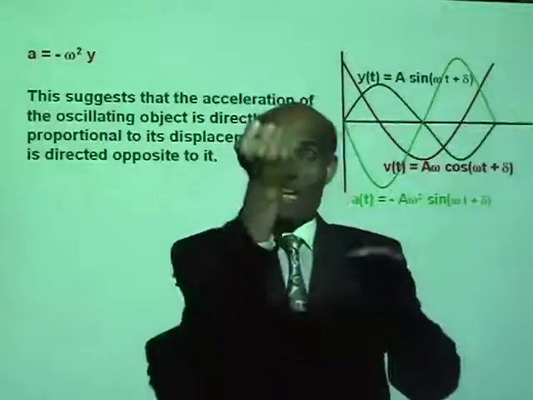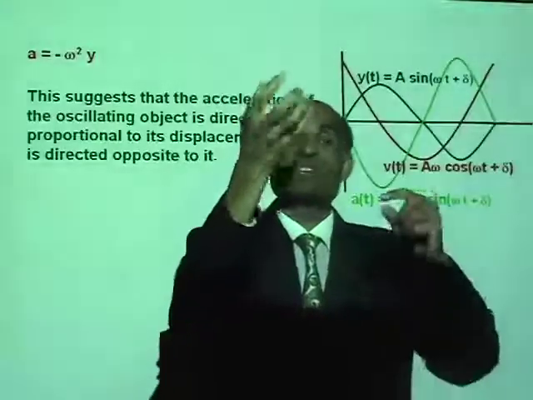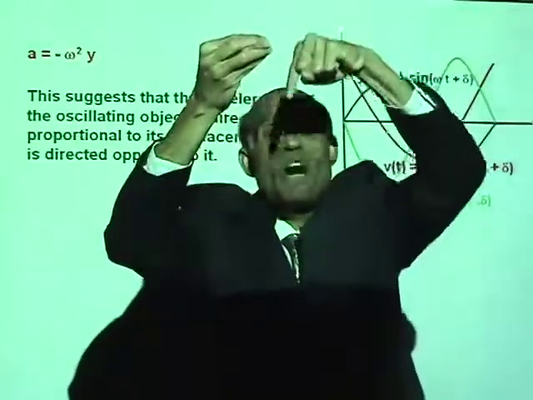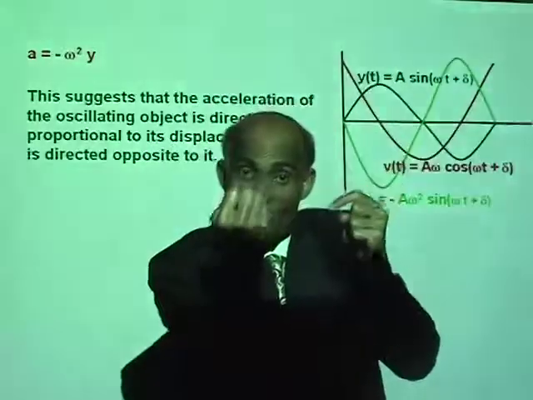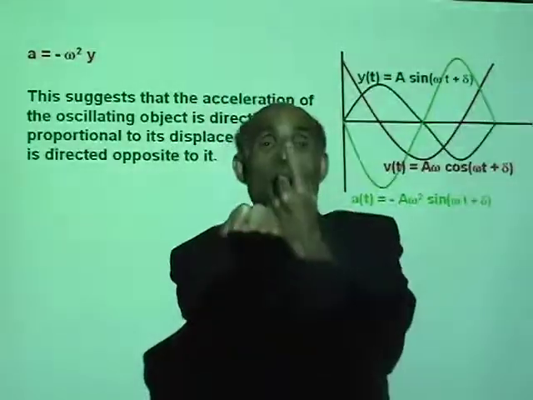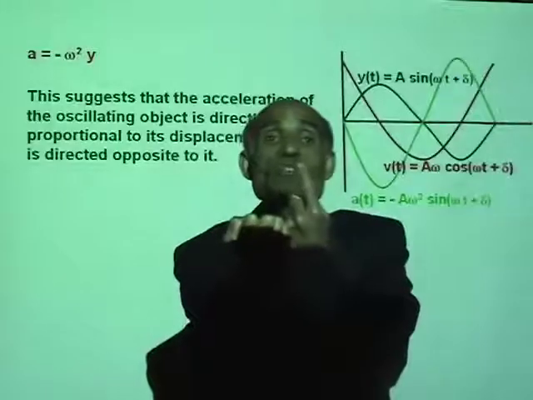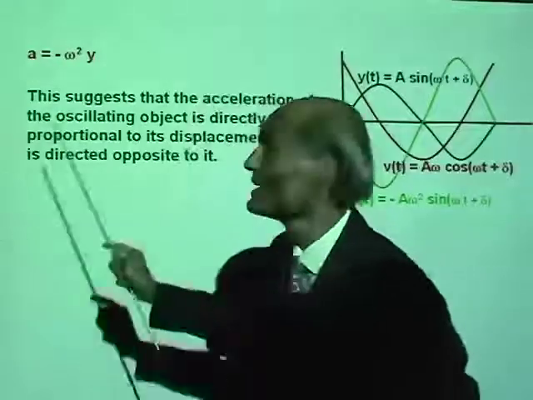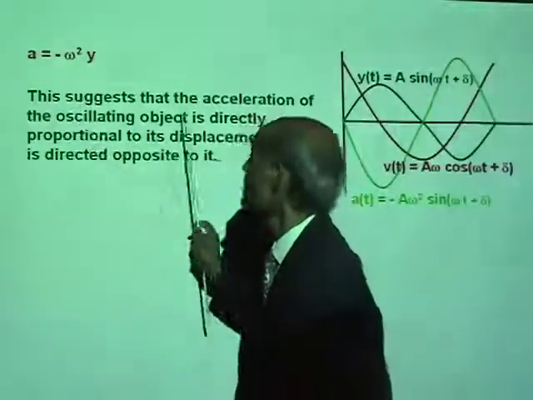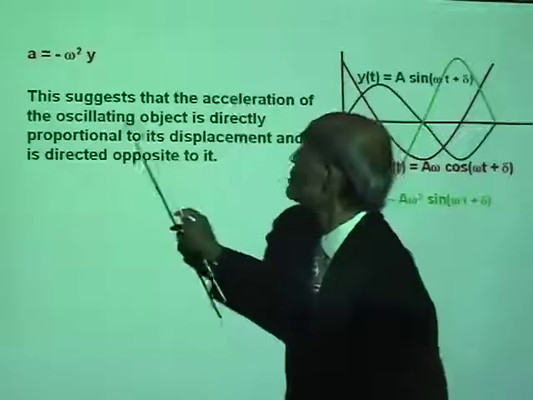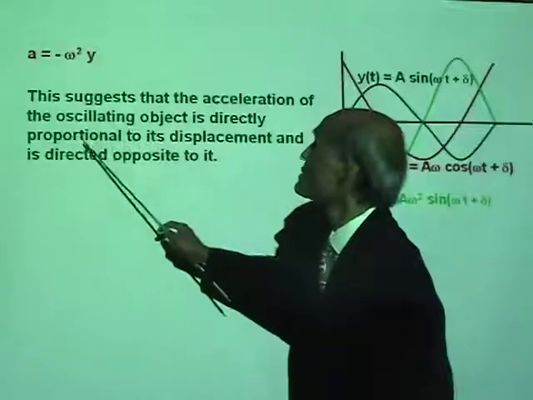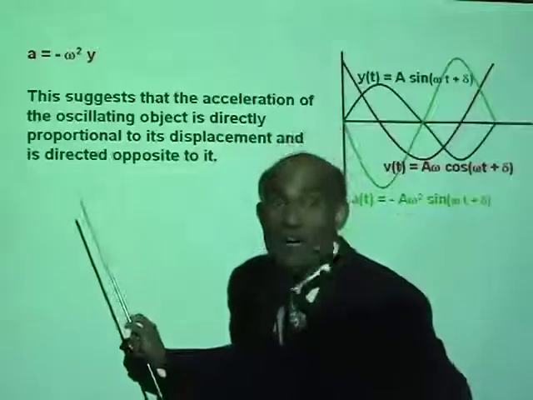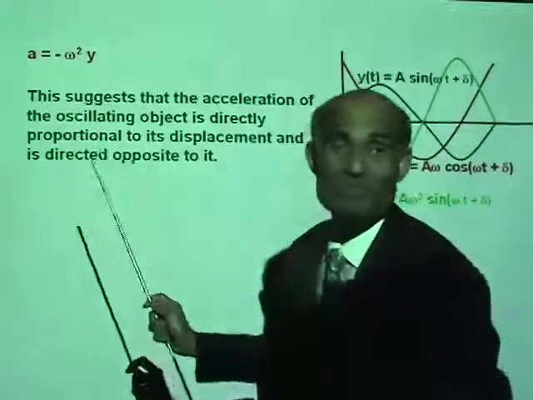As y increases upward, the acceleration is downward. As y increases downward, the acceleration is upward. The direction of acceleration is always opposite to the direction of displacement. That is what this negative sign says. So watch the sentence again. Acceleration of the oscillating object is directly proportional to the displacement and is directed opposite to the displacement.